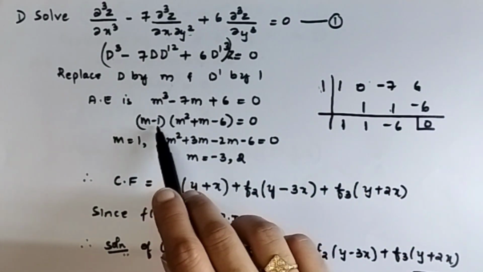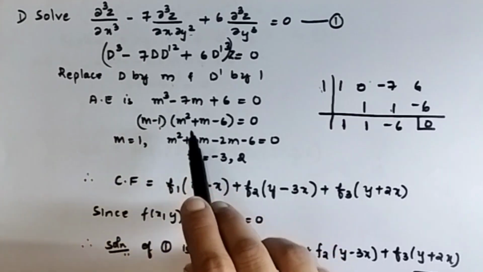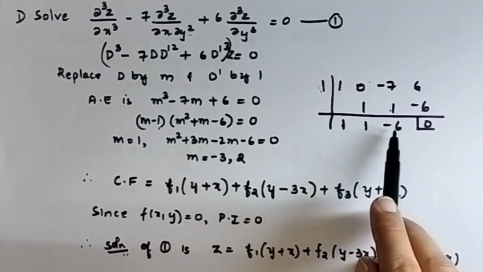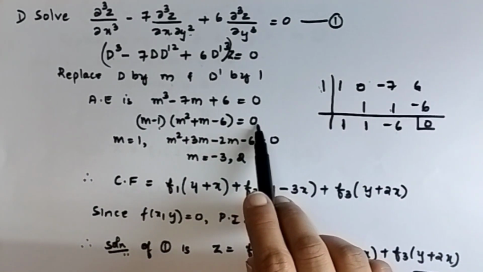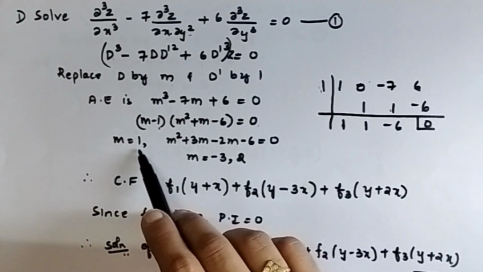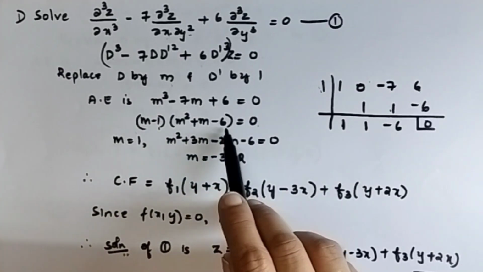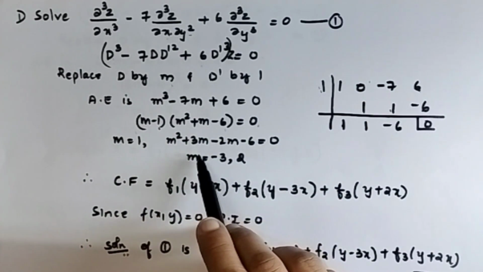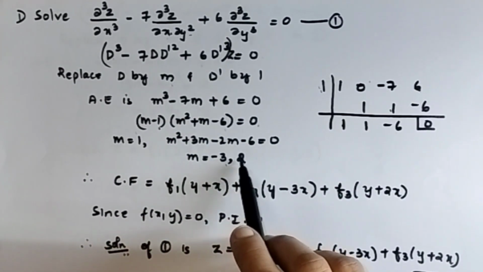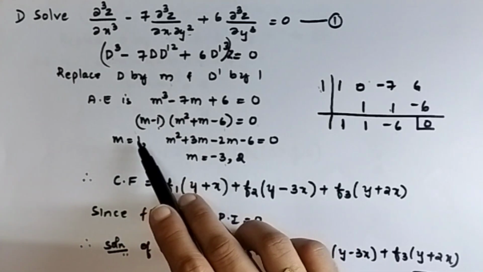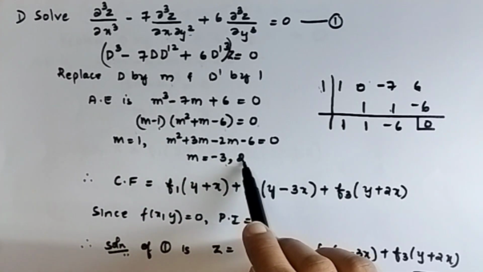Therefore, m minus 1 is one factor. Then m square plus m minus 6 equal to 0. So, m equal to 1 is one root. Then other roots are given by factorizing this. That gives you m equal to minus 3 and 2. So, all the three roots are distinct.